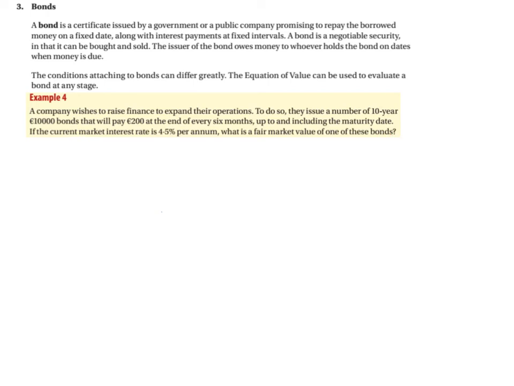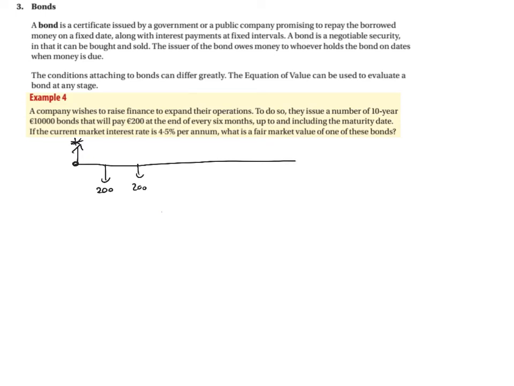So the first thing we're going to do, again, is draw that timeline that I keep banging on about. You are going to give them some cash here, which I'll mark with a little asterisk, and every 6 months they're going to give you 200. So at the end of every 6 months you get 200 here, 200, and that keeps going.